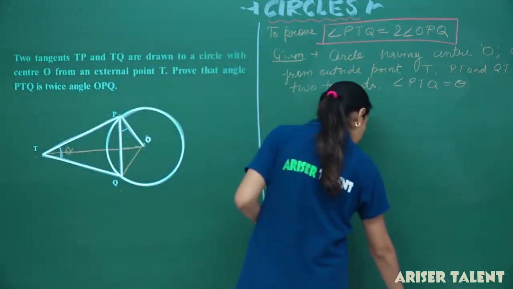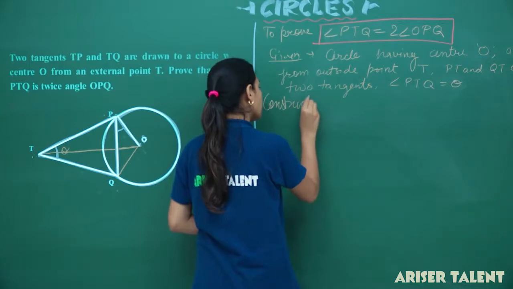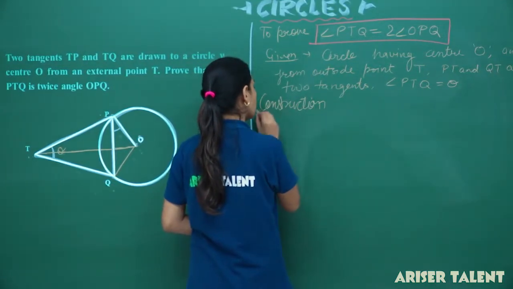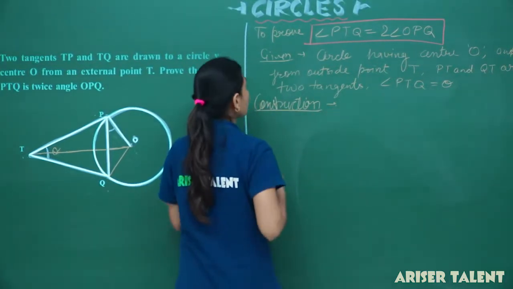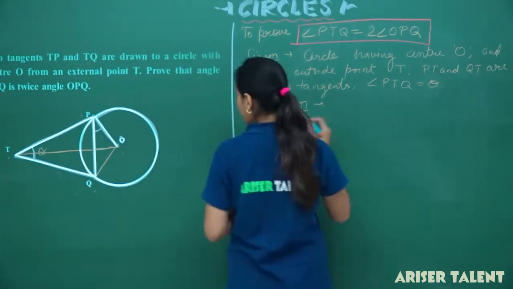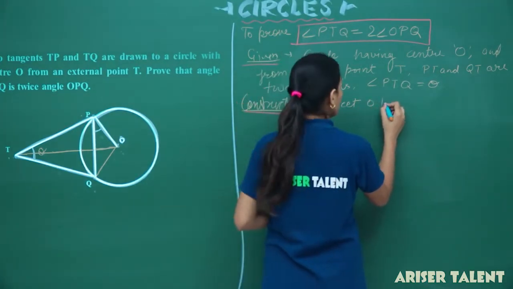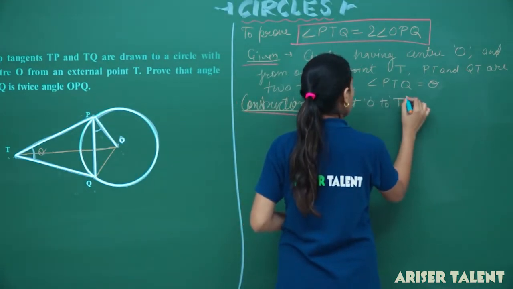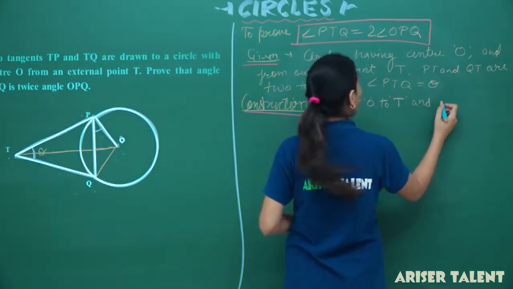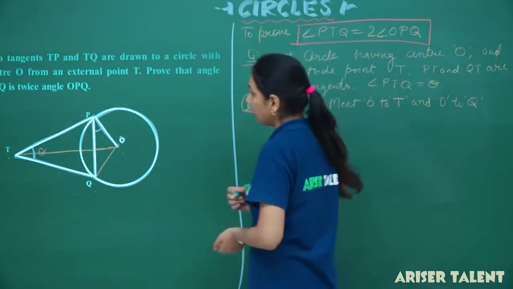So here is the construction: join O to T and O to Q.